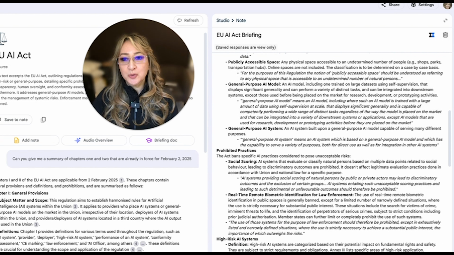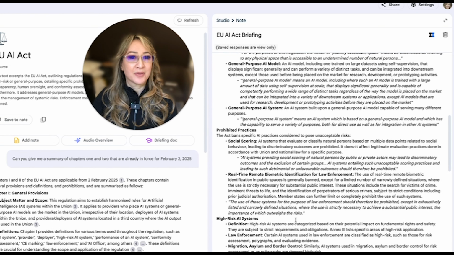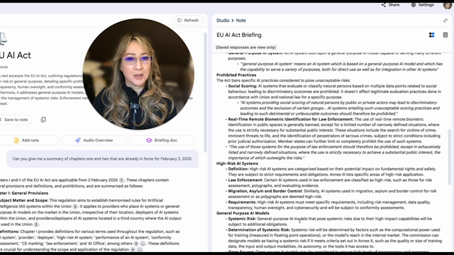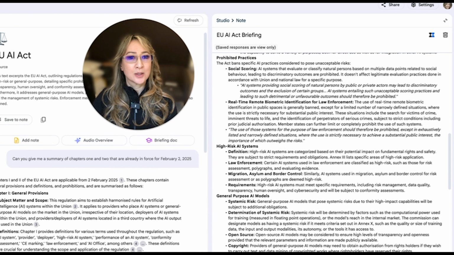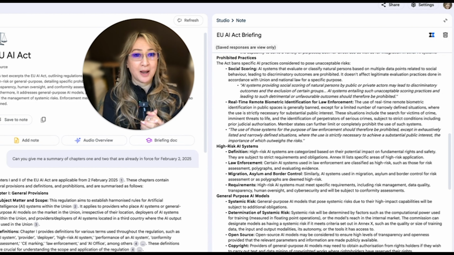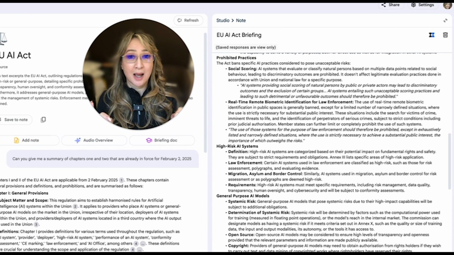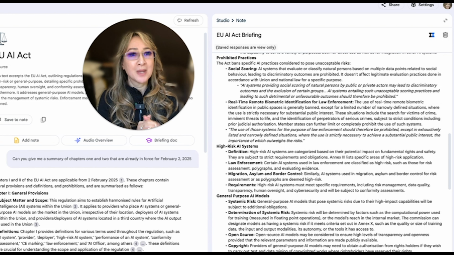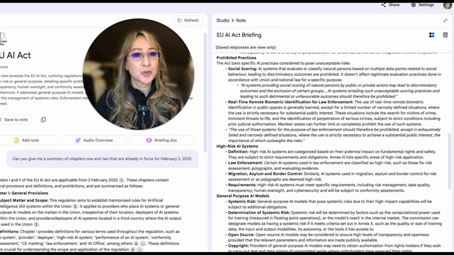So I think what's really interesting about this particular act is the prohibited practices. So let's look at the prohibited practices here. This is just a summary, by the way, and there's also a timeline of the different chapters in this act that will be enforced as law over the European Union. So prohibited practice, social scoring.